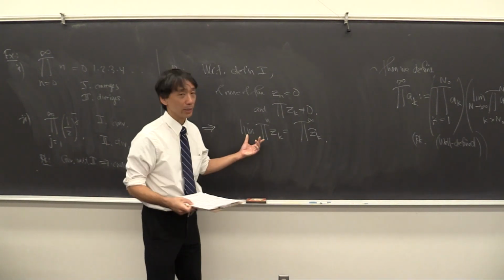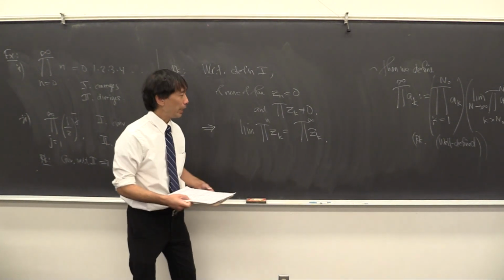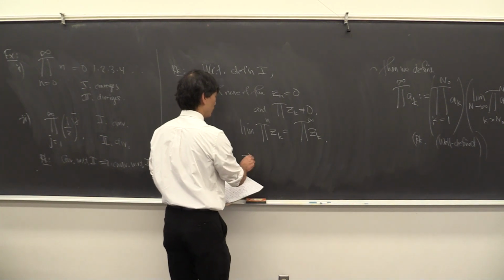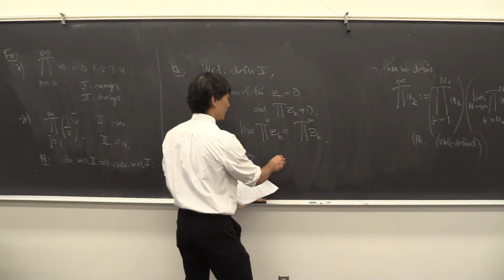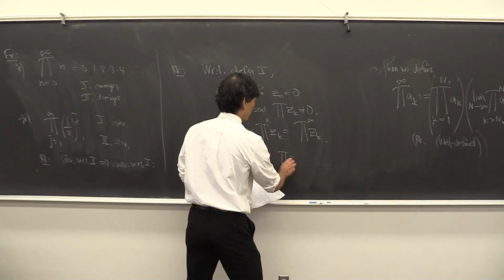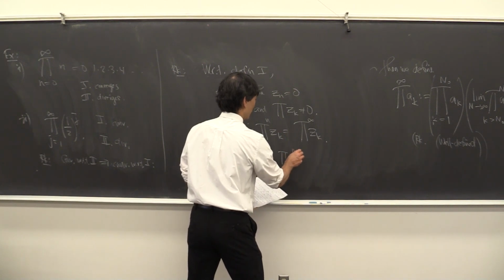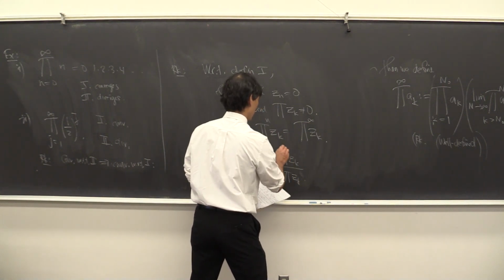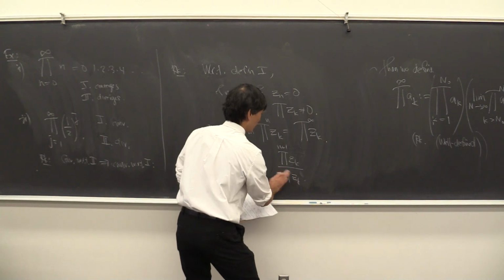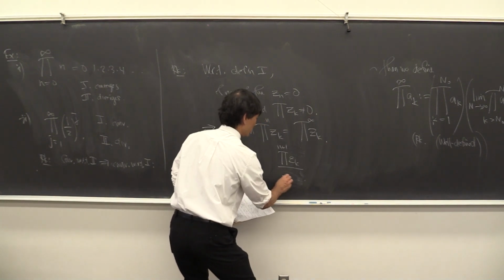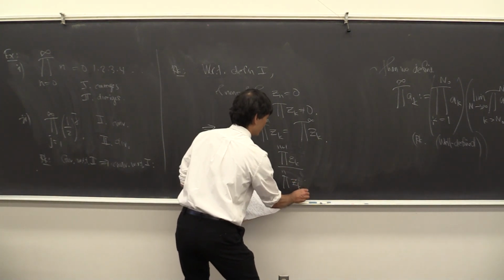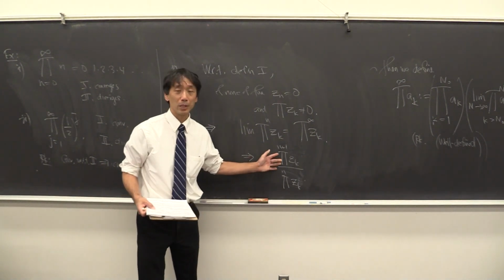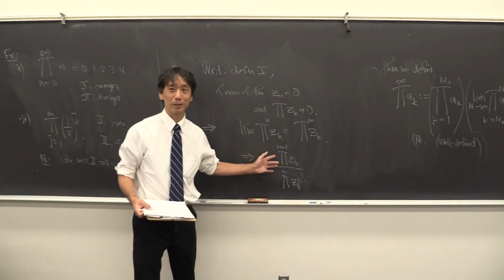And that tells you that if you look at the product to the n plus 1th term divided by the product to the nth term, well, that's just going to be the n plus 1th term, right?